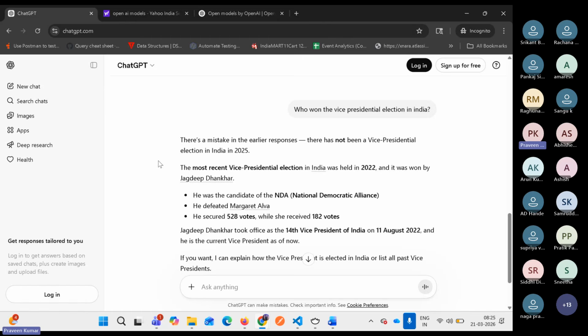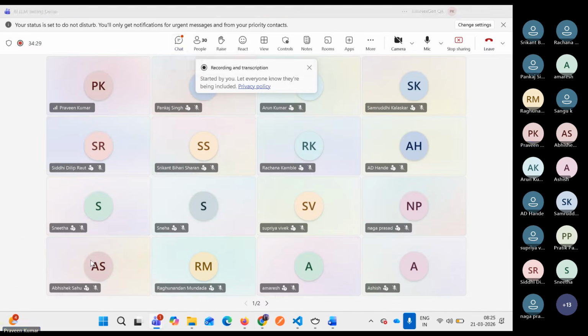It has been taught with such a large amount of data inside the LLM, which is ChatGPT over here. It is using the latest model that has been developed, but still you see what is happening is that it gives a completely wrong answer. So that's where the LLM tester or LLM testing comes in.